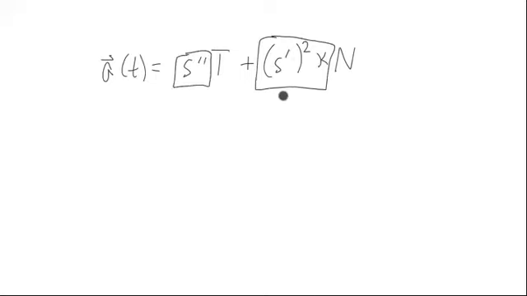Now, for computation's sake, maybe there's a nicer way of working this out. Well, for one, if we can just find s double prime, that's a lot easier. Then after we find s double prime, since T and N are perpendicular to each other, we'll use this notation for perpendicular. That means we can use a Pythagorean theorem type idea to figure out what this component should be.